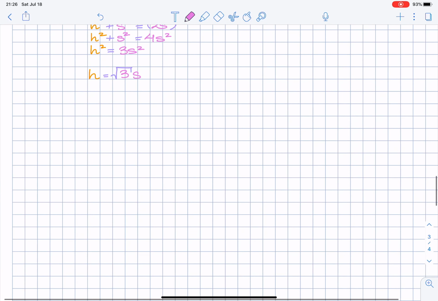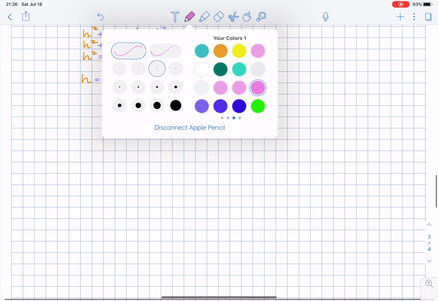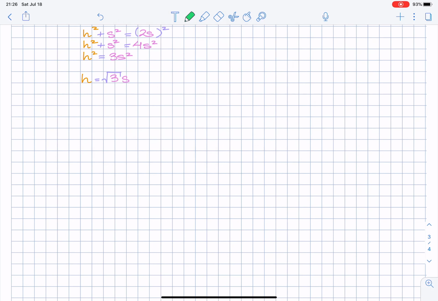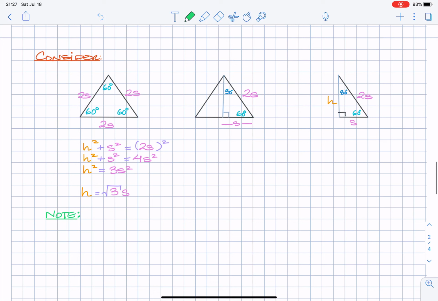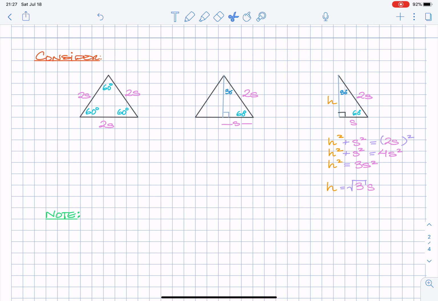So let's note now. What type of a triangle was this? This is called a 30, 60, 90 right triangle. Actually, maybe I should move this to underneath here so we know where that's coming from.